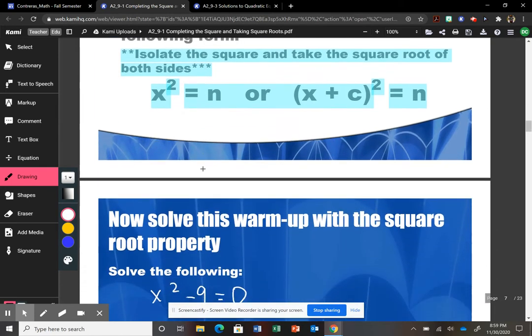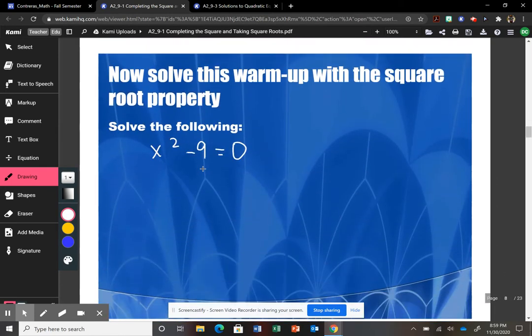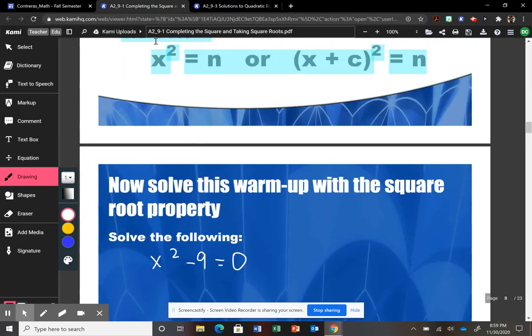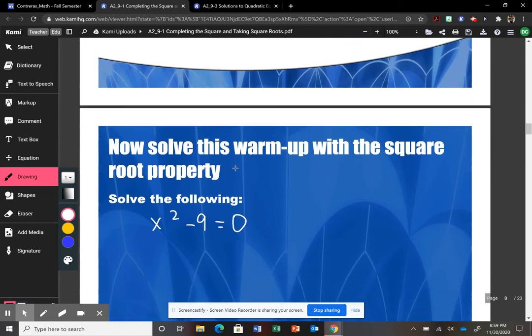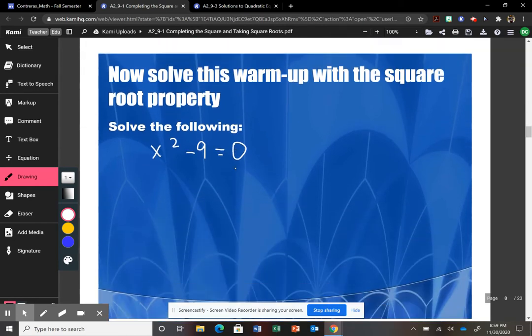So we're going to go back to the warm-up question, and we're going to solve that using this method, because this kind of looks like it. We have an x squared, but we just have to move over our constant, okay? We want it equal to our number. So here what I'm going to do is add 9 to both sides to isolate my square.